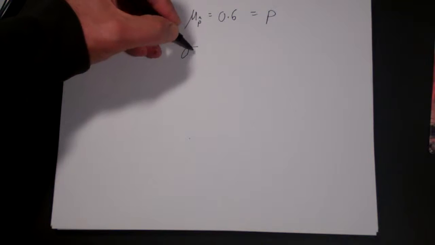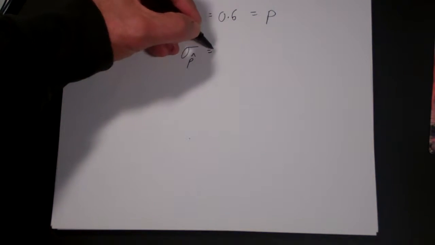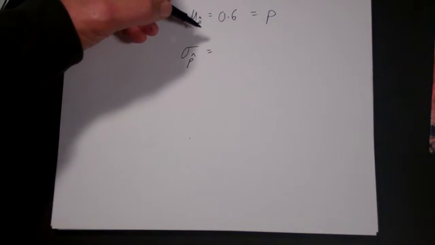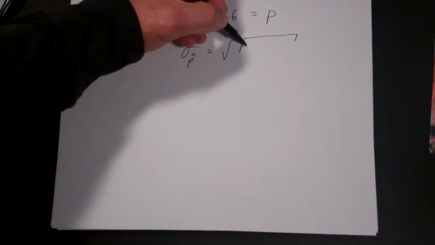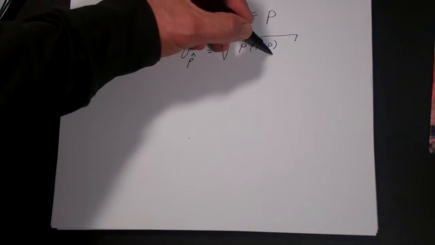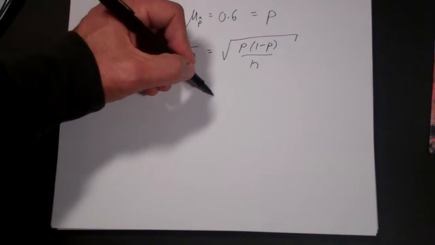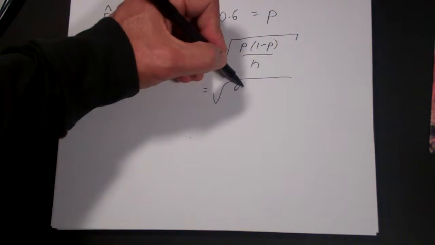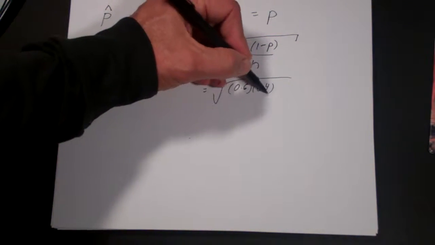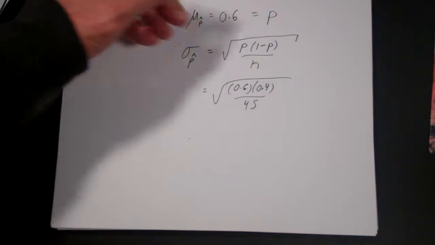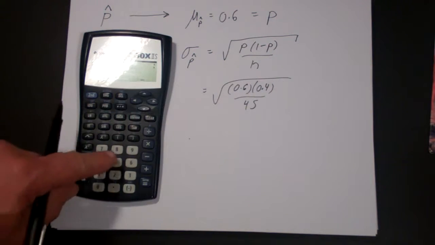And we can also figure out what sigma p-hat is. Sigma p-hat is going to be the square root of p times 1 minus p over n, or the square root of 0.6 times 0.4 over 45. Let's just use a calculator to calculate that.